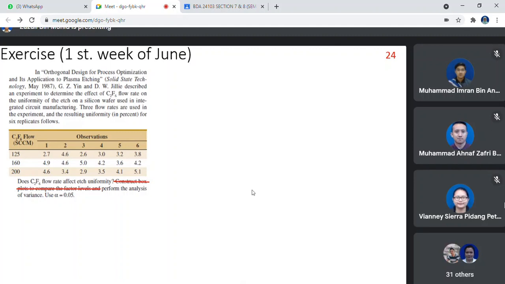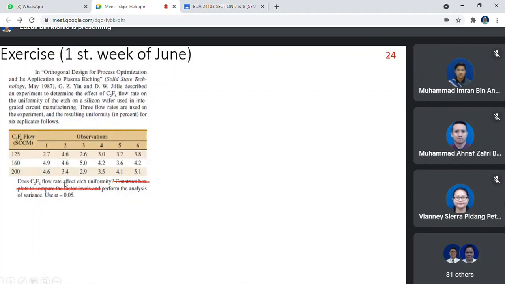Three flow rates are used in the experiment, and the resulting uniformity for the 6 replicates follows. So we have the flow rates 125, 160, 200, and for each of them we have 6 sample responses. So you can do calculation comparing between these. Does C2F6 flow rate affect its uniformity?